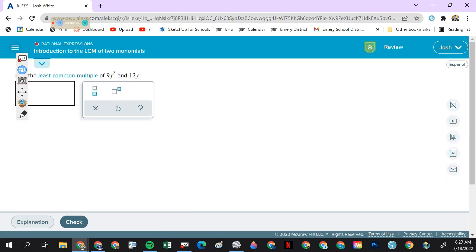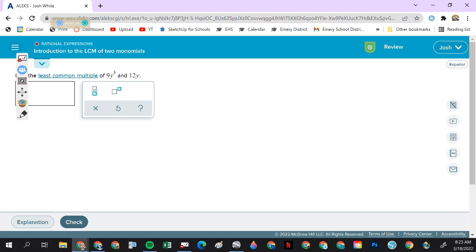Okay. Least common multiple. What is the smallest number, smallest term that 9y to the third and 12y go into? Not the greatest common factor, not a factor, but what is the smallest number that both of those go into? You could times them together.